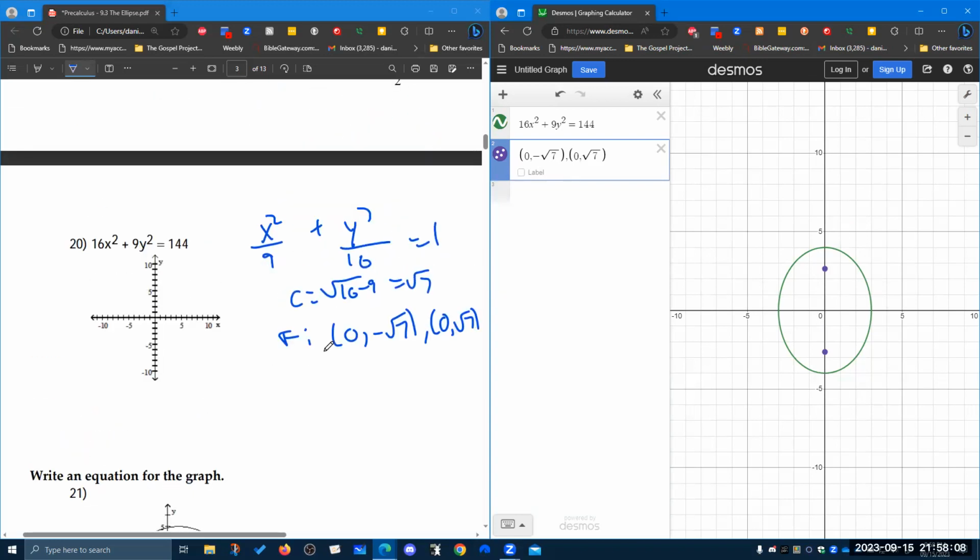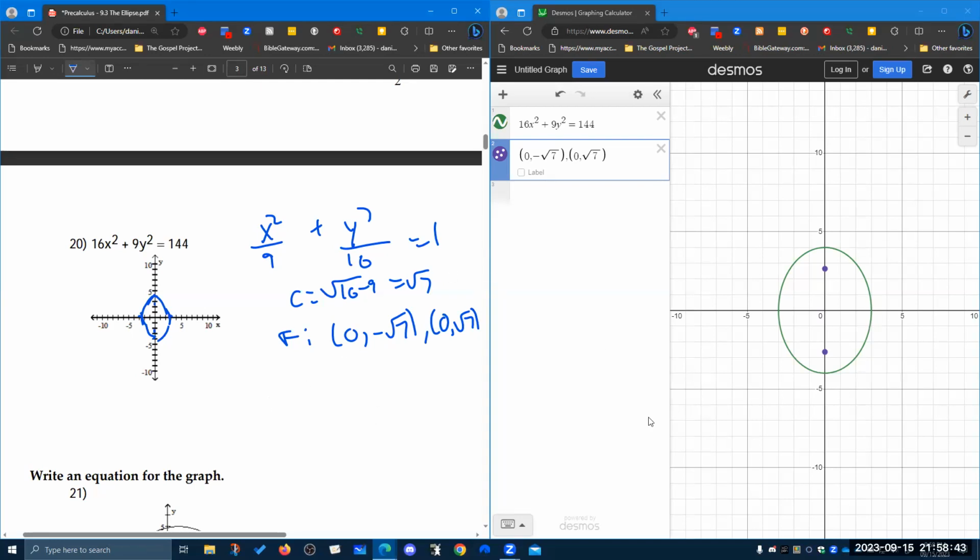I'm going to go and I'm going to graph this, but we're going to go get some examples where the center is not at 0, 0. And this was here and down there. That's the same graph that we had before.